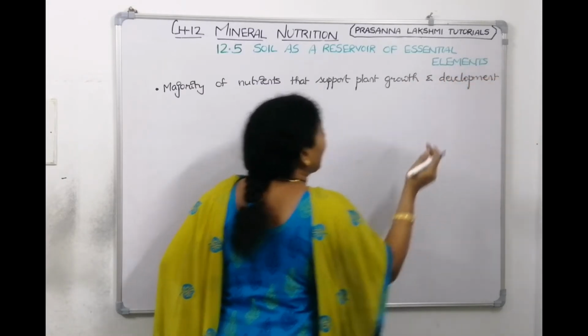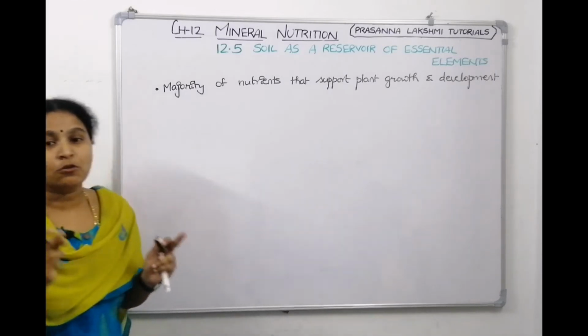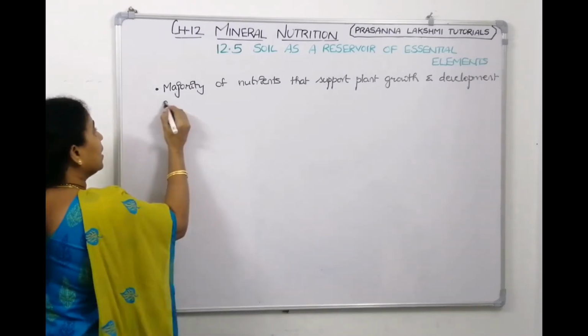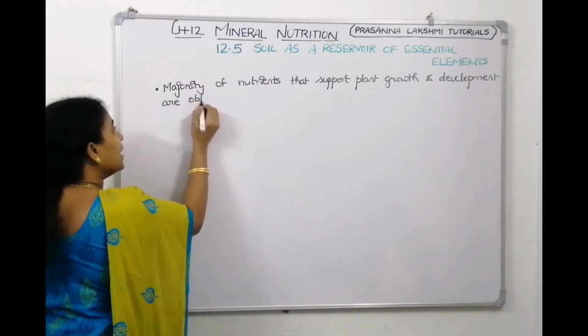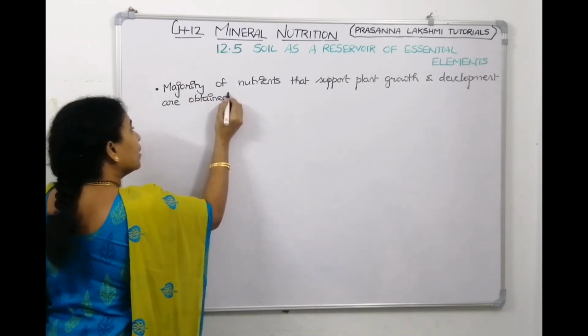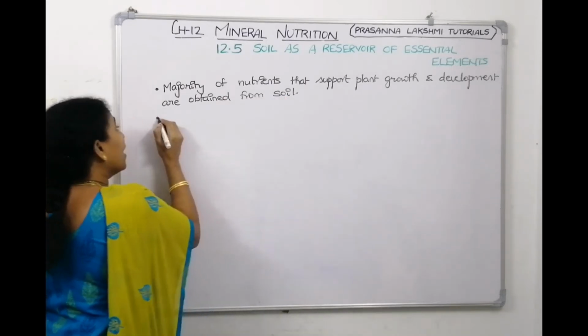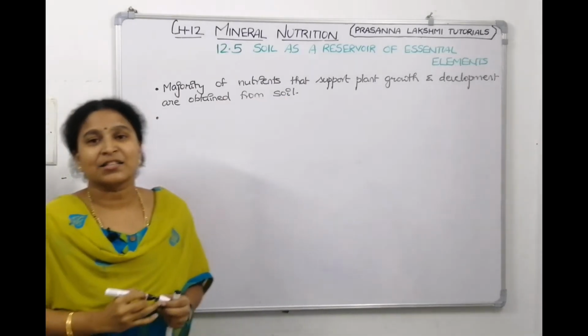From where is the plant getting the nutrients for its growth and development? They are obtained from soil only.